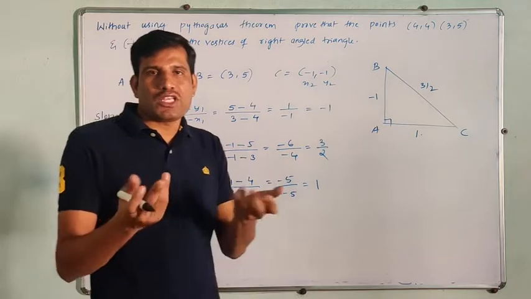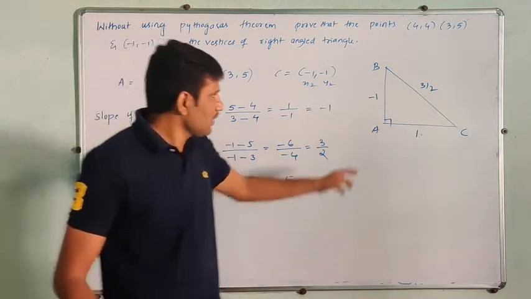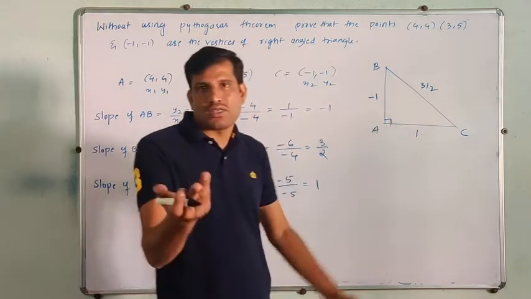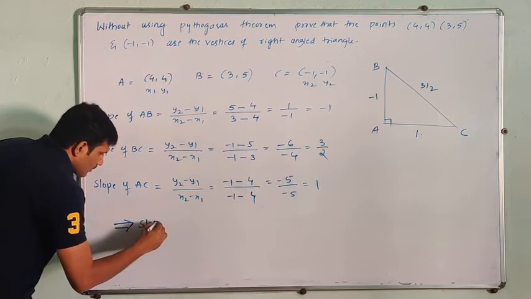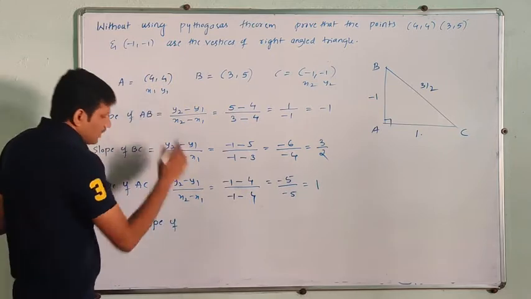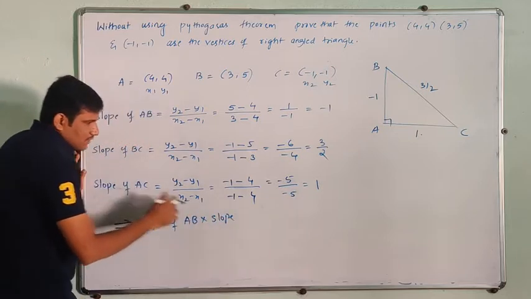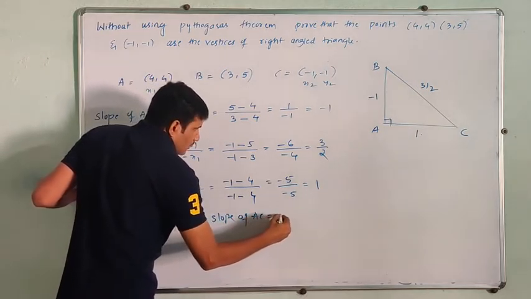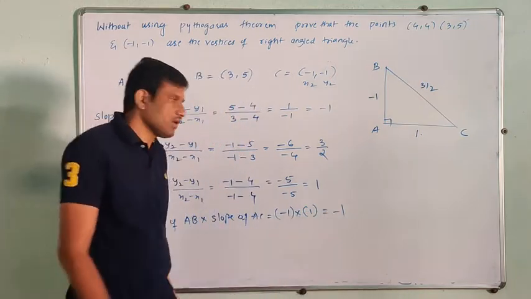If the product of slopes is minus 1, what is the meaning? The angle between the two lines is 90 degrees. Now the angle between AB and AC is 90 degrees. Therefore, slope of AB into slope of AC is minus 1 into plus 1, we are getting minus 1.